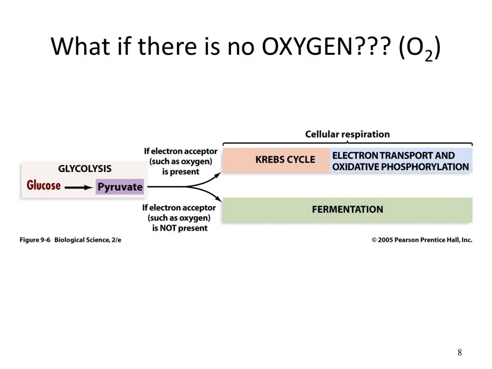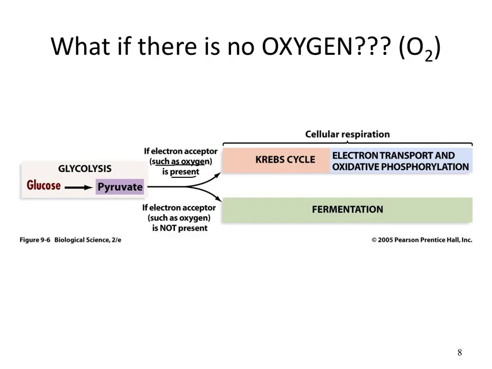For example, in your deep tissue, when you've been exercising very hard and oxygen transport can't keep up with the demand. If there is no oxygen, then the Krebs cycle and the electron transport chain will not run. Okay? So they only happen if oxygen is present. At least in humans, or in other organisms it could be if another electron acceptor is present.